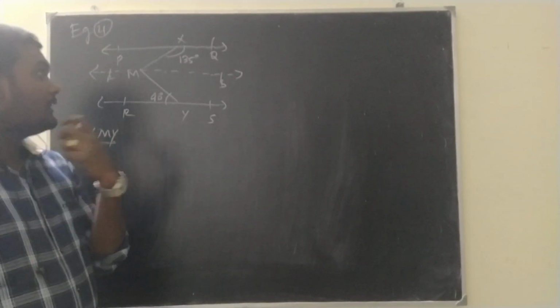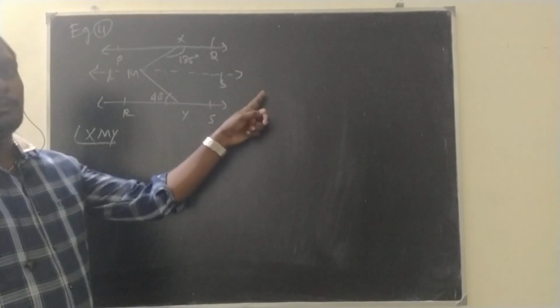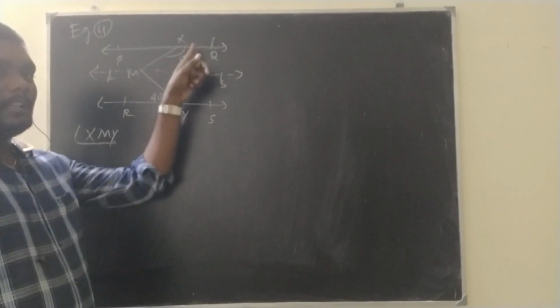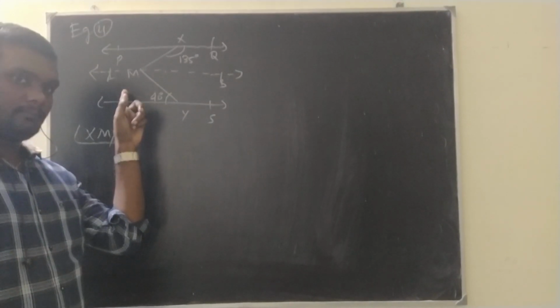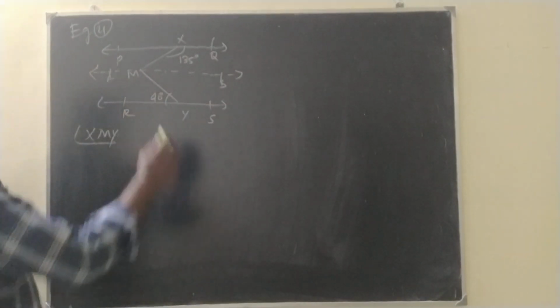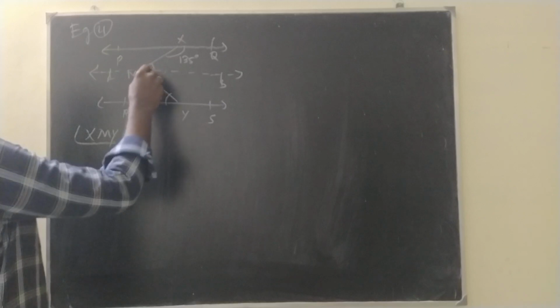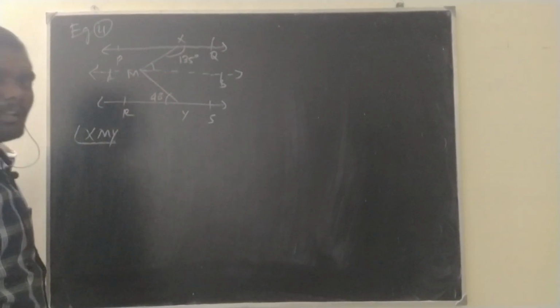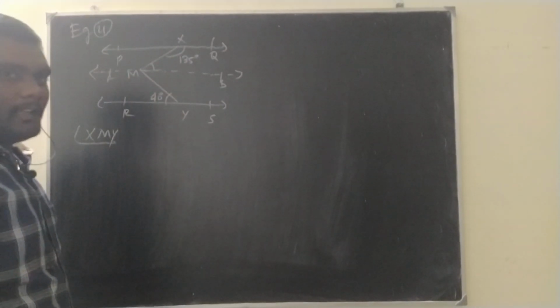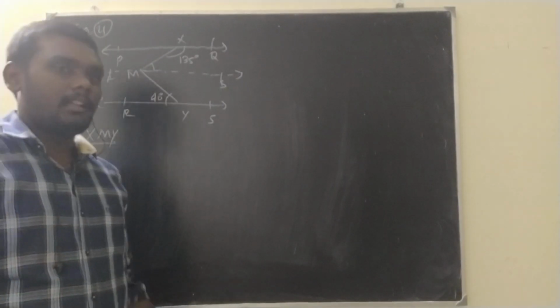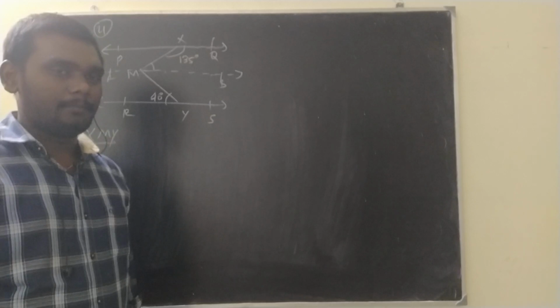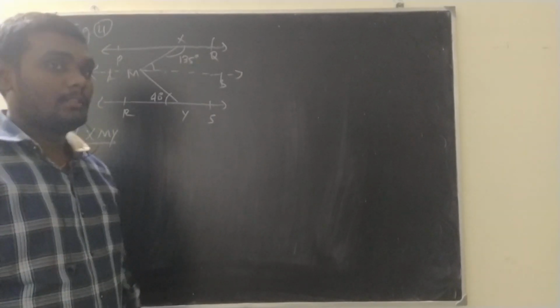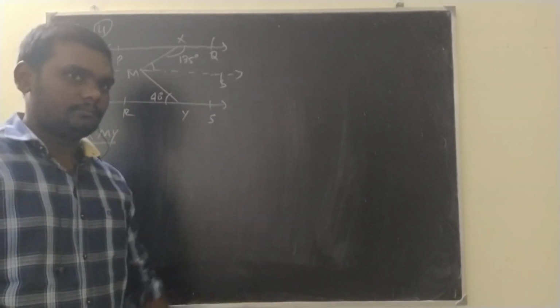So, for the lines AB and PQ, this XM acts like a transversal. And these two angles are angles on the same side of the transversal. The property for angles on the same side of a transversal is that they are supplementary, not a linear pair.